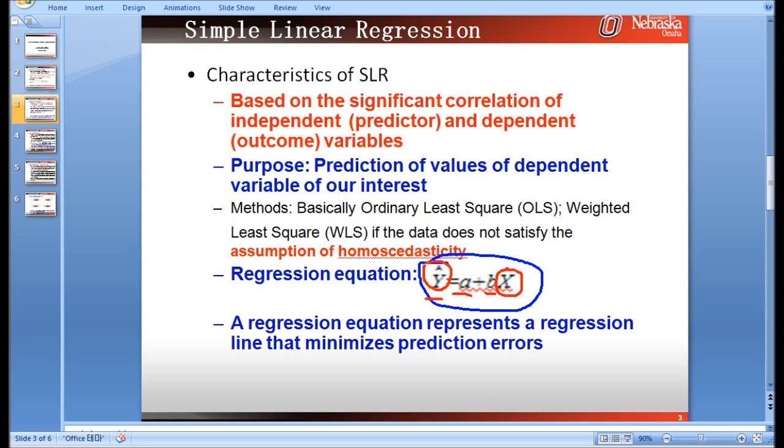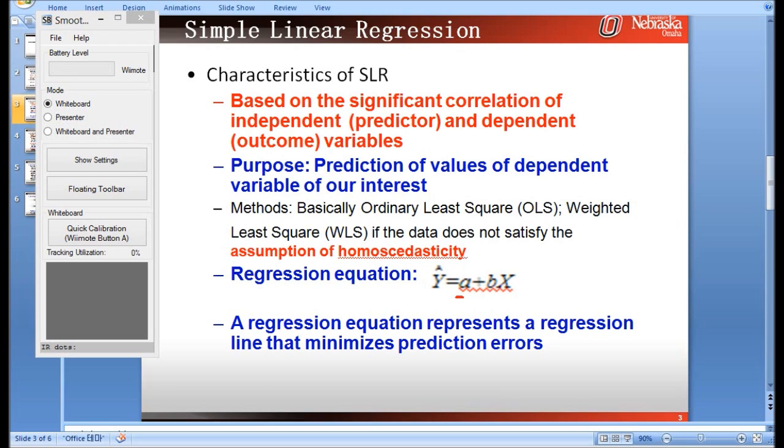So what we are gonna do now is a regression analysis with SPSS to get each of these components, A and B, in this equation, and then interpret the equation that represents the relationship between the independent variable and the dependent variable.